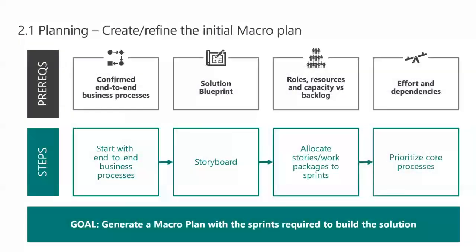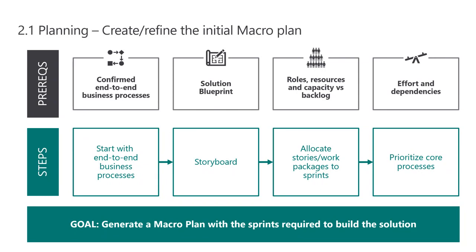Within the planning step, we suggest separating the planning into two parts. So creating the initial macro plan and then creating the more detailed sprint plans. So this we've kind of split up into two sections, like the prerequisites for this and then the steps that you take to actually deliver the macro plan.